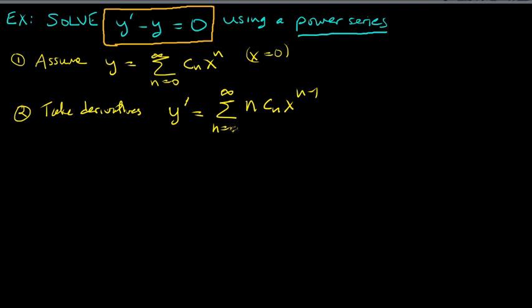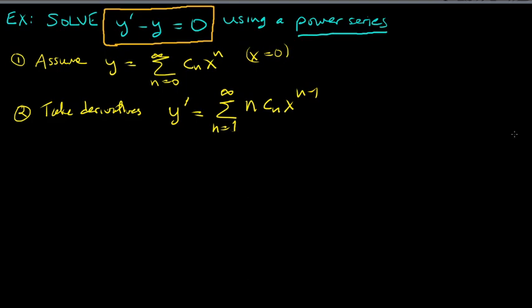Remember, you cannot have a negative exponent in a power series. It has to start at 0. So that means my n doesn't start at 0 anymore. It starts at 1. So we're starting at n equals 1 for the derivative. And remember we start at n equals 2 for the second derivative.